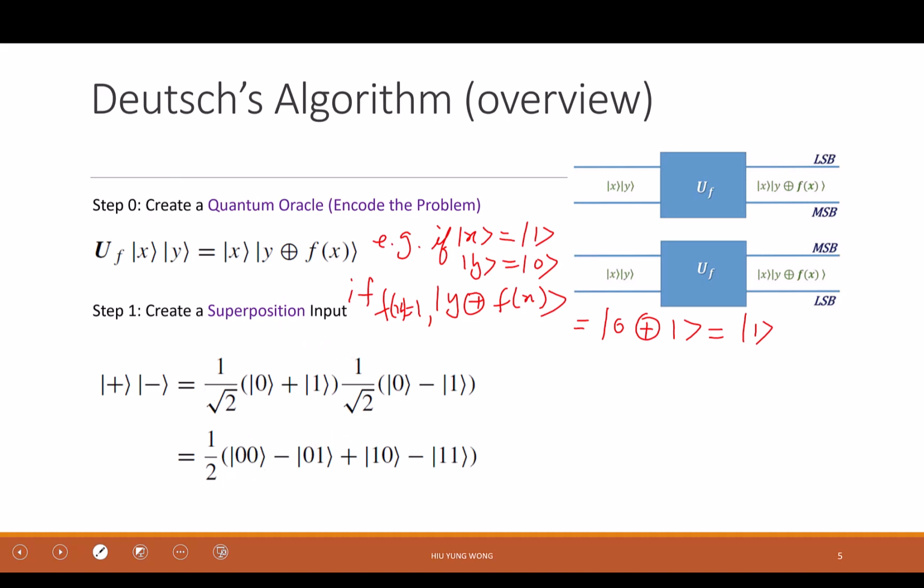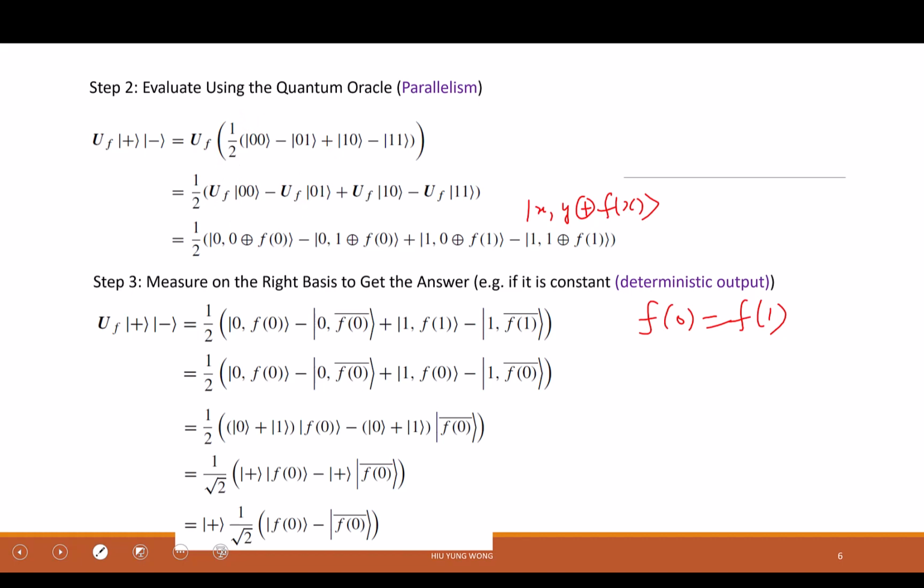Because I'm doing quantum parallelism, that is the power of quantum computing. I need to come up with some superposition state. Operate on the quantum superposition state, then I can do the calculation in one shot, in parallel. And we know in the first class already, you get so much information. No use to me, I cannot access it, right?